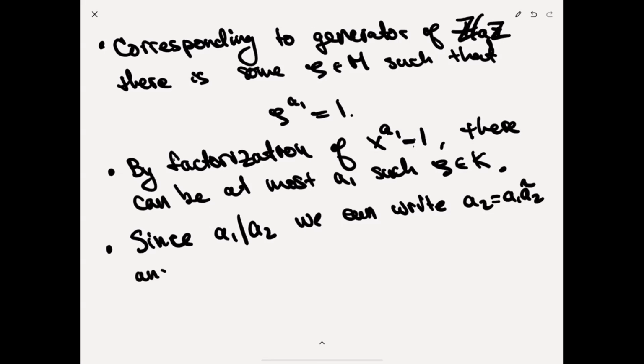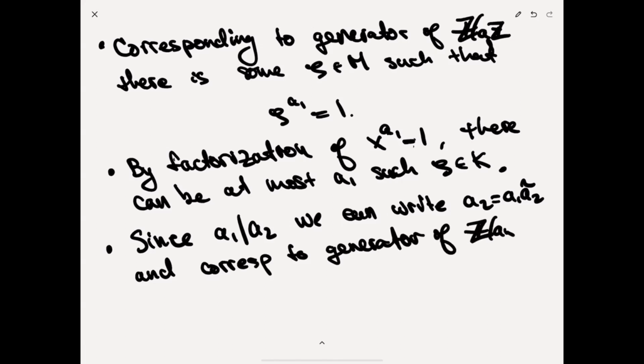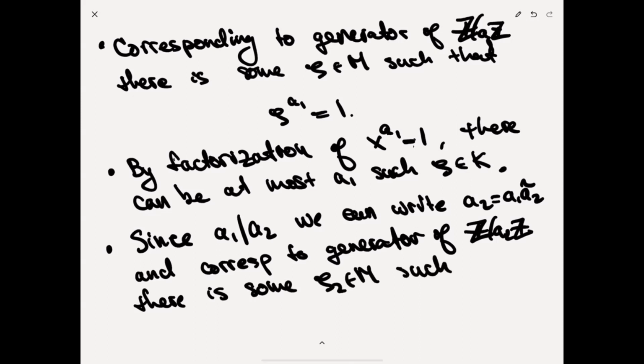Corresponding to a generator of Z mod A2 Z, there is some zeta 2 in M such that zeta 2 to the A2 is equal to 1.